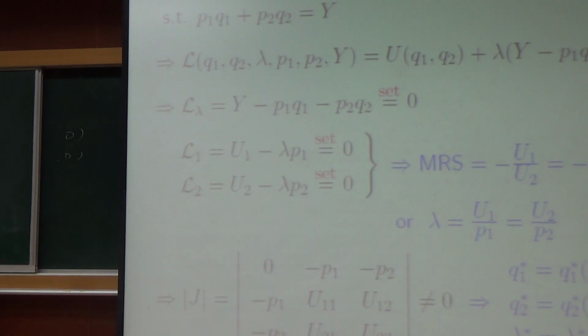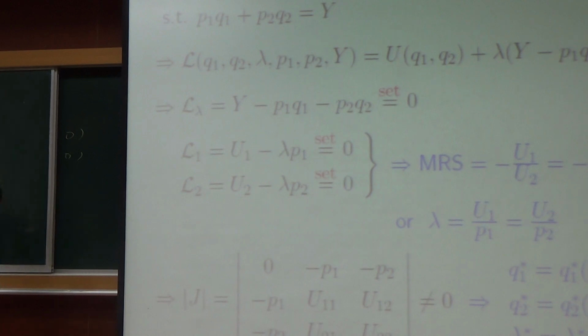So mathematically, we have Q1. We have 6 variables here, Q1, Q2, lambda, Y, P1, and P2.